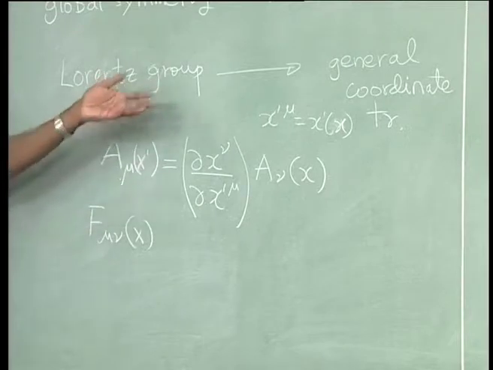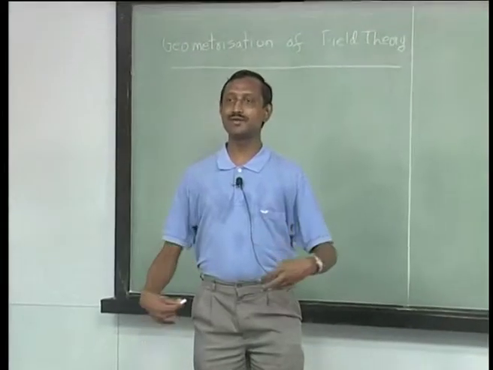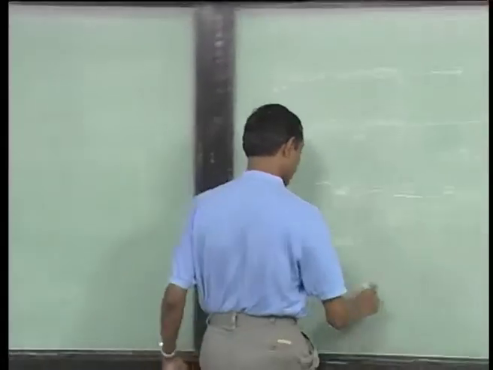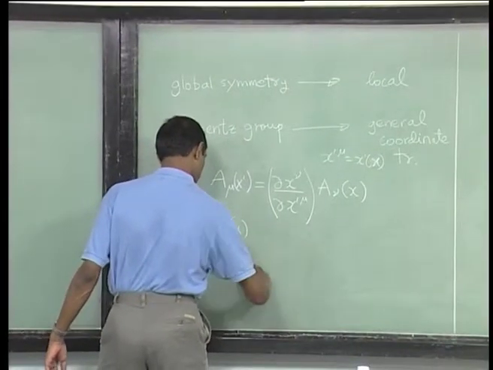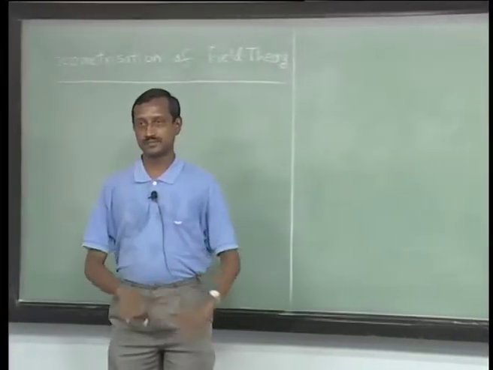So what you will find is in general many things will not transform nicely, and you need to introduce a connection, and the connection in this case will turn out to be the metric. Okay.